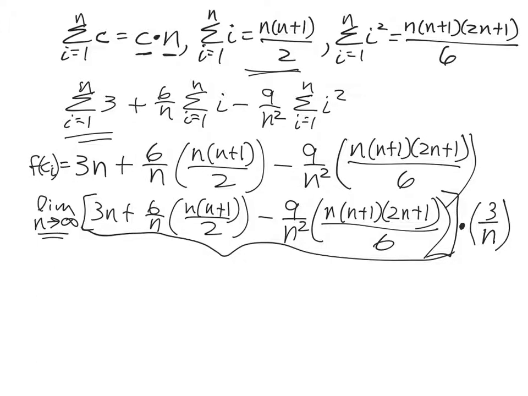So let's continue simplifying. Looks like as we move to this part, n divided by n will cancel. 2 goes into 6, leaving us 3 times there. So let's make little notes as we go here. So far we've got those simplified.